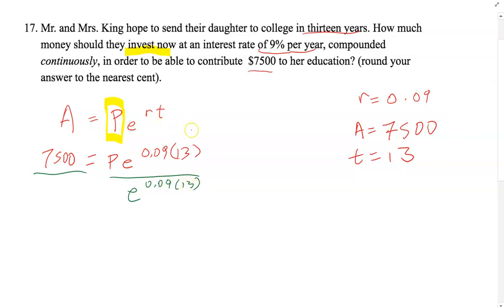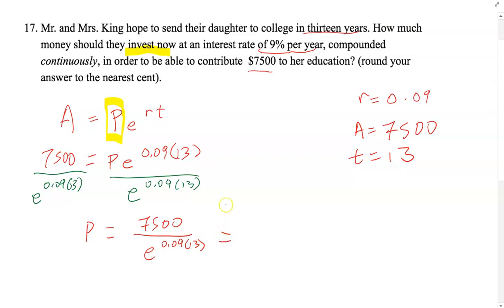What you do to one side of an equation, you must do to the other side. So that's divided by e to the 0.09 times 13 also. So P will be equal to 7,500 divided by e to the 0.09 times 13.